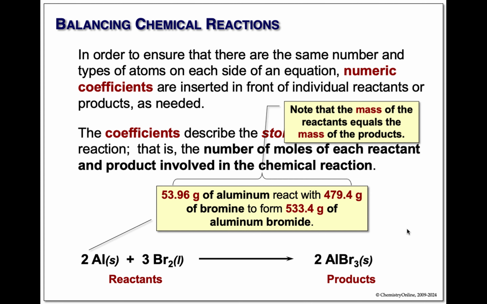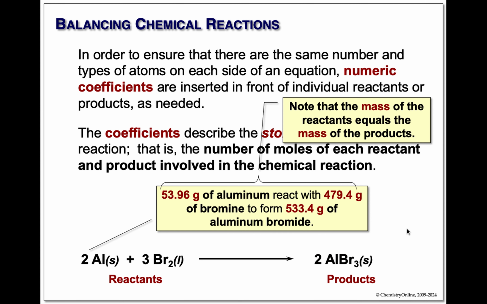You'll note that the sum here and here is this. So same numbers and types, and the same mass on both sides. So let's see how we come up with these coefficients. How do we balance an equation?